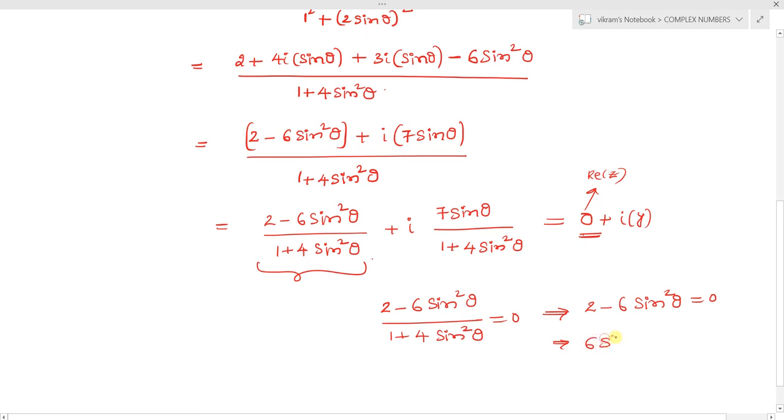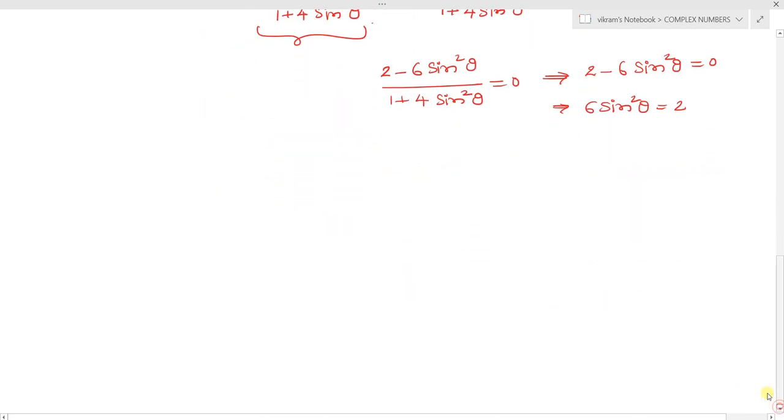Then if we simplify this, what will we get? 6 sine square theta equals 2, and sine square theta equals 2 by 6, which is nothing but 1 by 3. Then what is the value of sine theta?